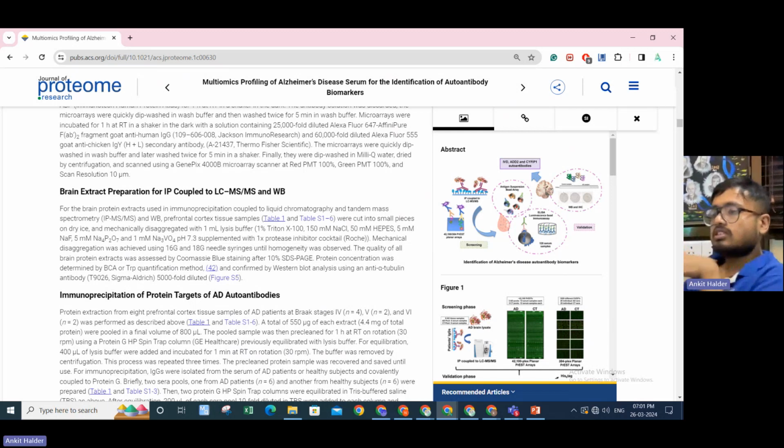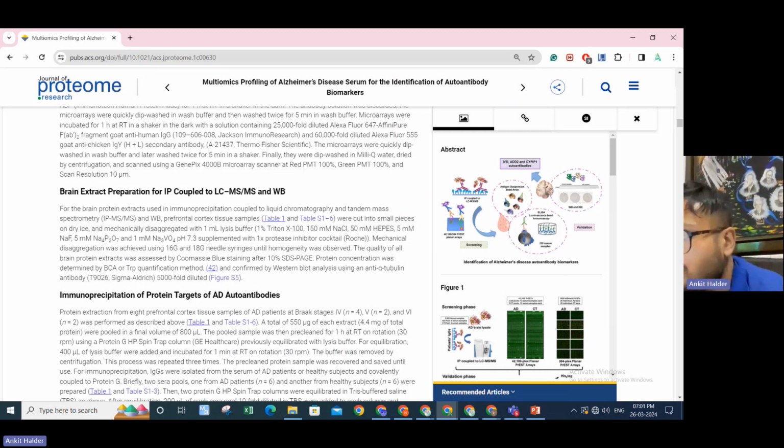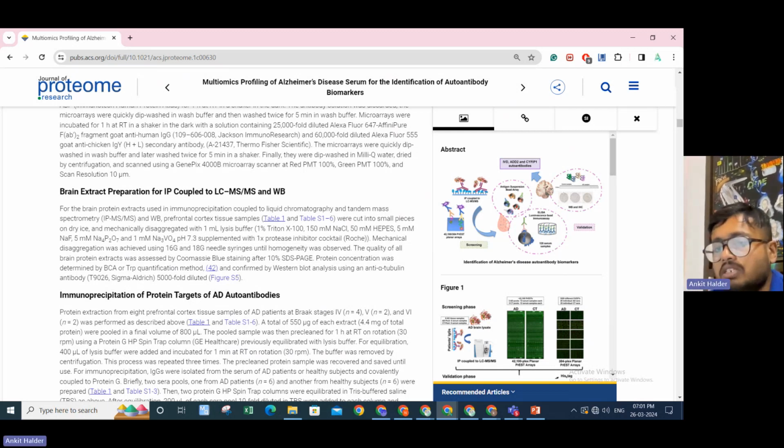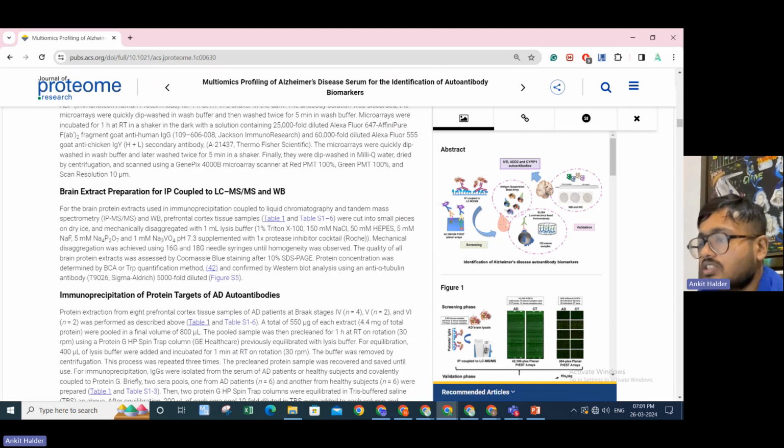The pooled sample was then pre-cleaned for 1 hour at room temperature on rotation using a protein G spin tube column that had been previously equilibrated with the lysis buffer. The buffer was removed and this process was repeated. The pre-cleaned protein sample was recovered and saved until use.